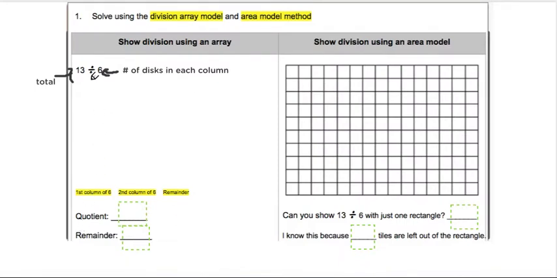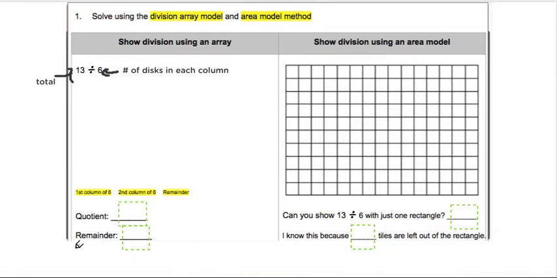So here we go. Our first problem, we have 13 divided by 6. Remember, our smaller number represents the number of discs in each column. So how many discs are going to be in each column? Good, 6. And what's my total? Fabulous, 13.